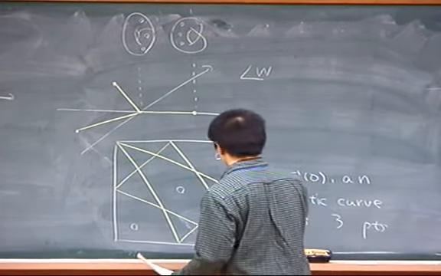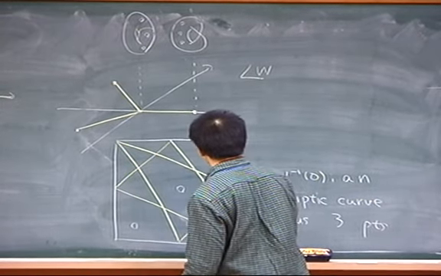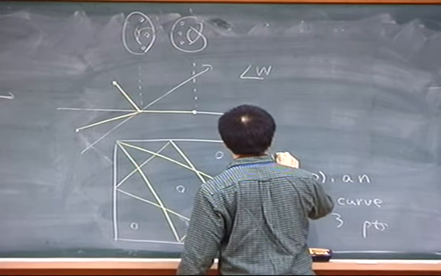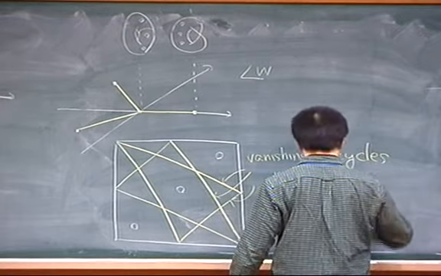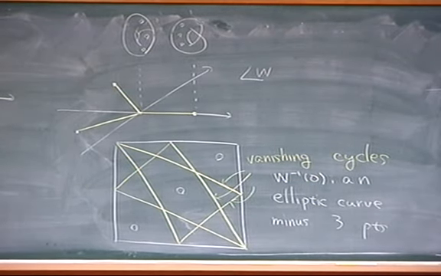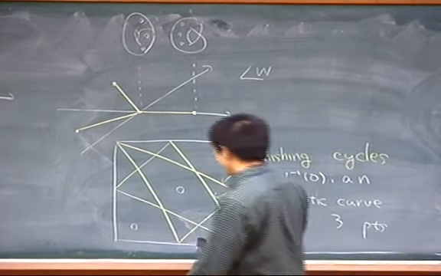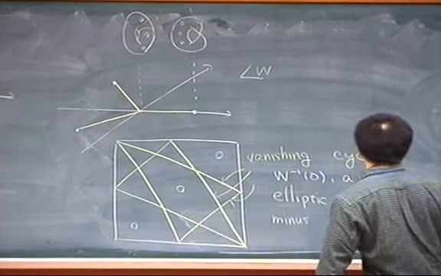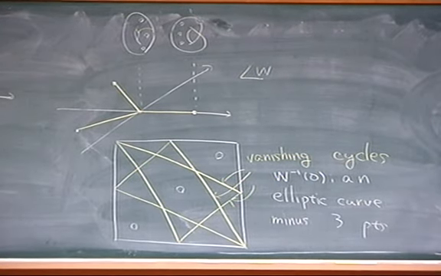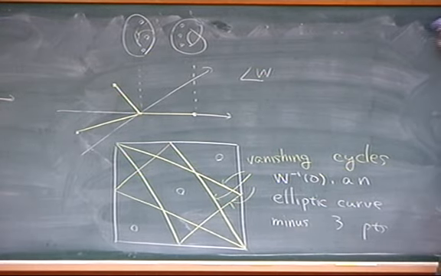Seidel has computed the A infinity structure on these vanishing cycles and shown that it's mirror to the derived category of coherent sheaves on P2.